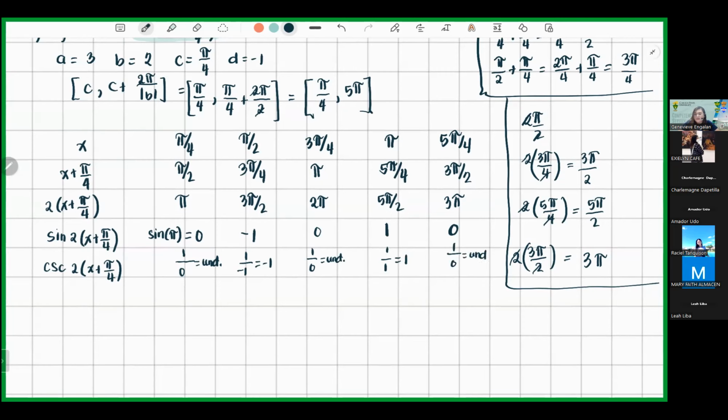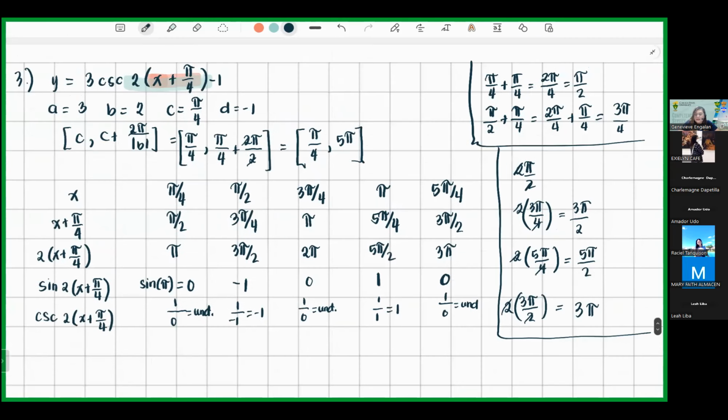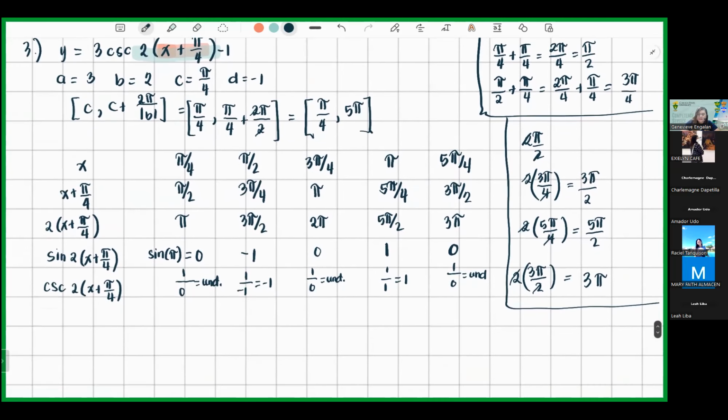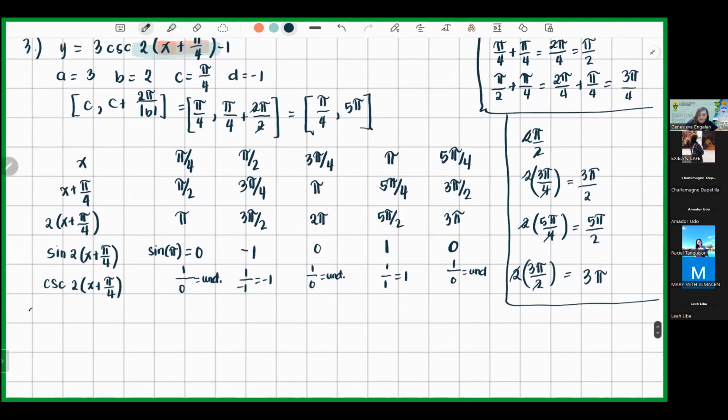It is undefined whenever the denominator is 0. Next, we multiply by 3: 3 times cosecant of 2 times x plus pi over 4. The undefined values stay undefined.